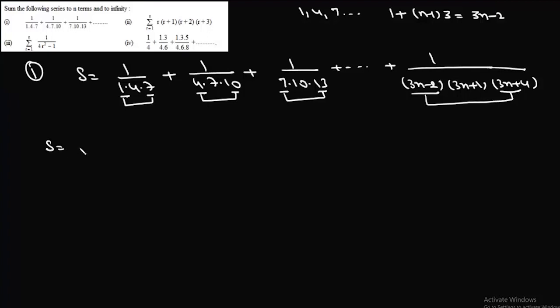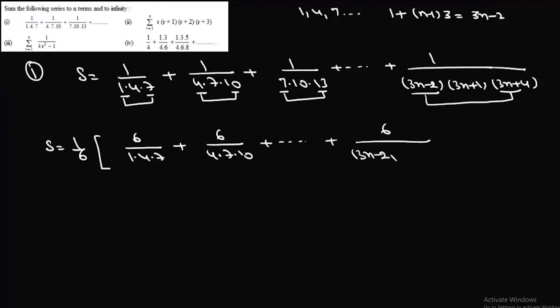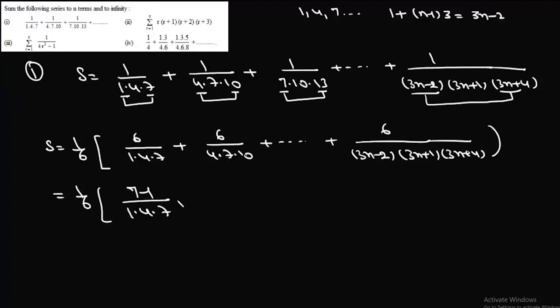So we can write S as 1 by 6, and this is 6 upon 1, 4, 7, and 6 upon 4, 7, 10, up to 6 upon 3n minus 2, 3n plus 1, 3n plus 4. Now this is 1 by 6. Now we'll write this 6 as 7 minus 1, so it will be 7 minus 1 upon 1, 4, 7.